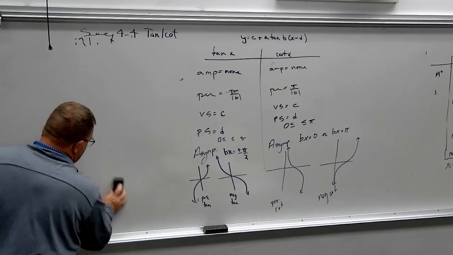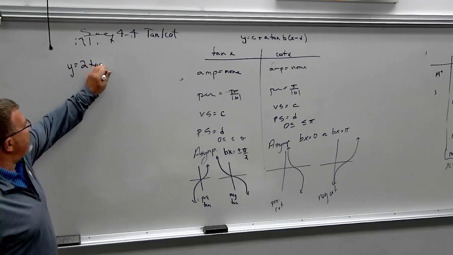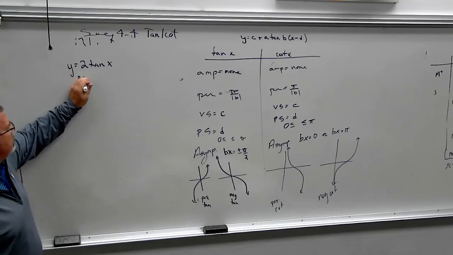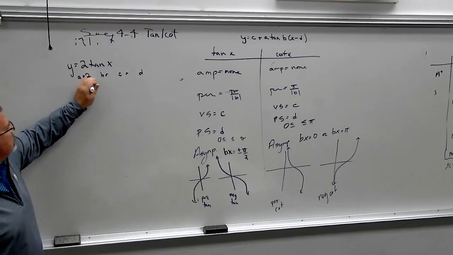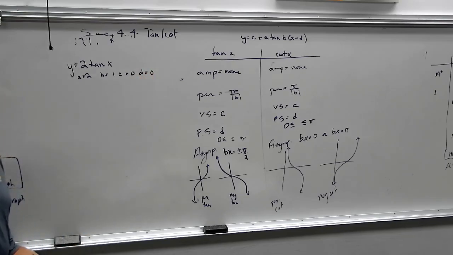Let's graph this one. Y equals 2 tangent of x. Like I said, pretty basic today. Again, when you're listing your C and D values, if you don't have them, you could say 0.